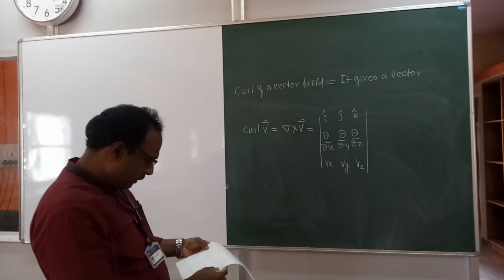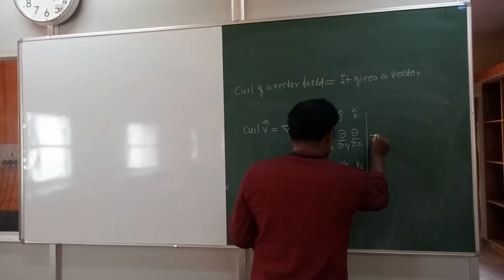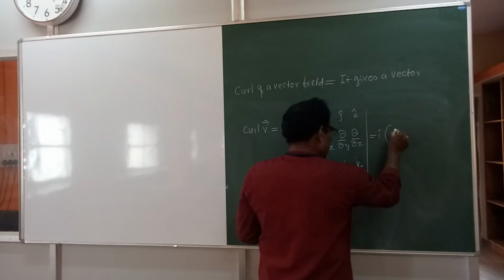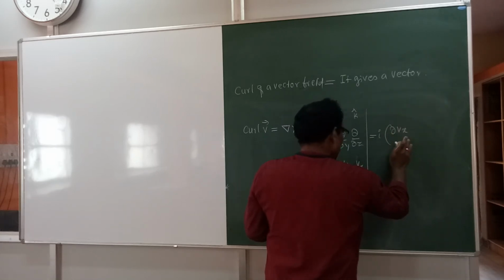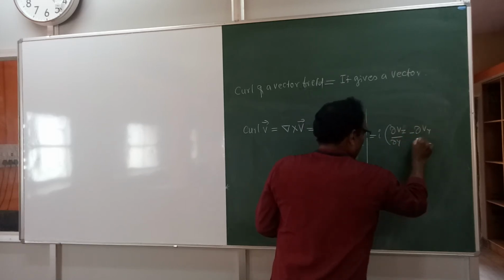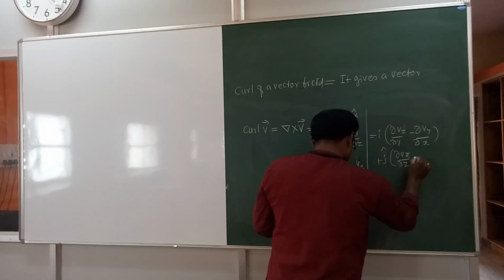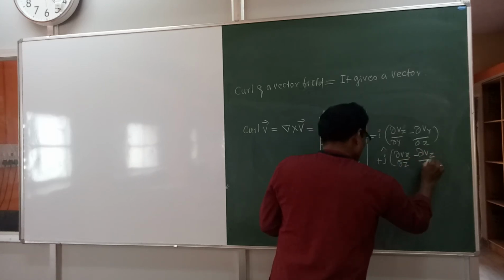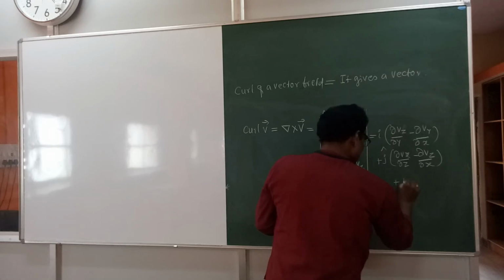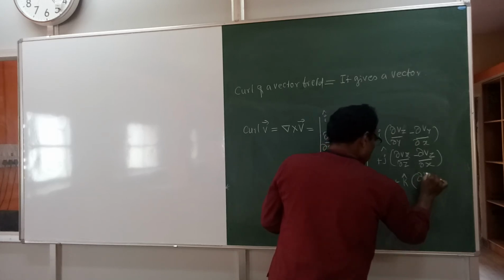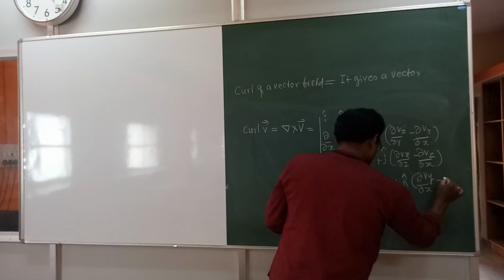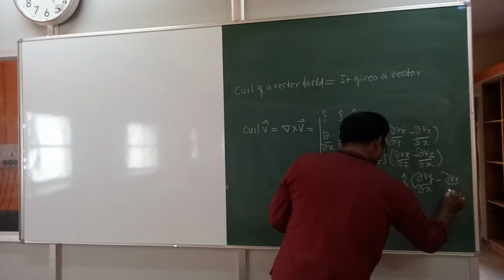Okay, so we can simplify this. I can write i times (dou Vz upon dou y minus dou Vy upon dou z) plus j times (dou Vx upon dou z minus dou Vz upon dou x) plus unit vector k times (dou Vy upon dou x minus dou Vx upon dou y).